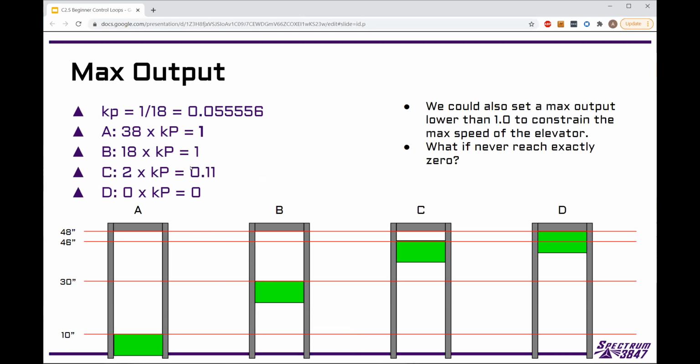Even though it's trying to tell it to go to 1, it'll just use 0.5, and then it won't slow down until the commanded output is less than 0.5, and then it'll start slowing down. So you can consider what that would do to the speed and how you would change that. But that's one way that we can limit how much power the mechanism, whatever we're doing, has, is just by setting that max value.